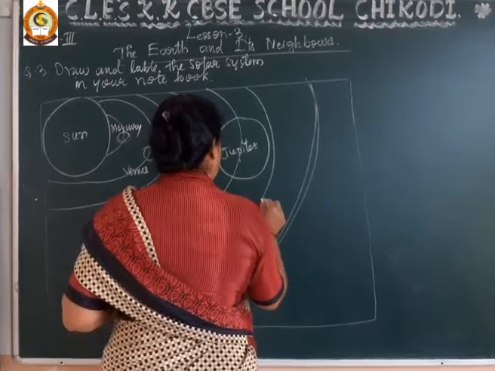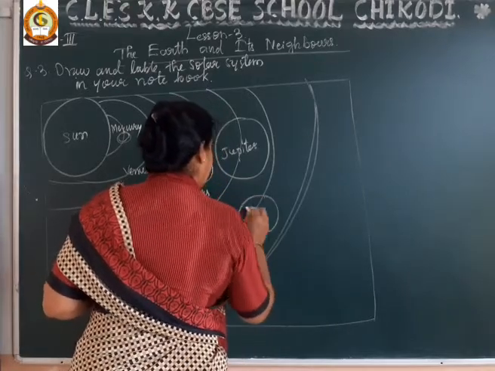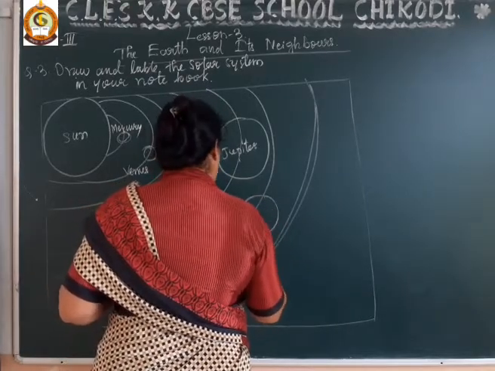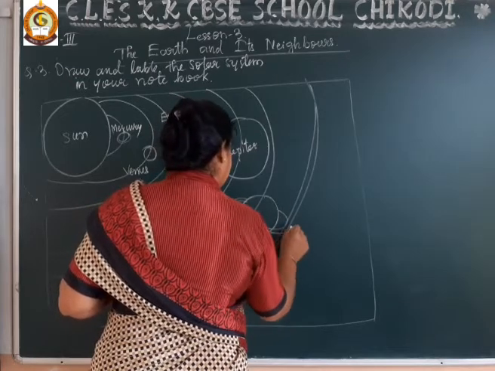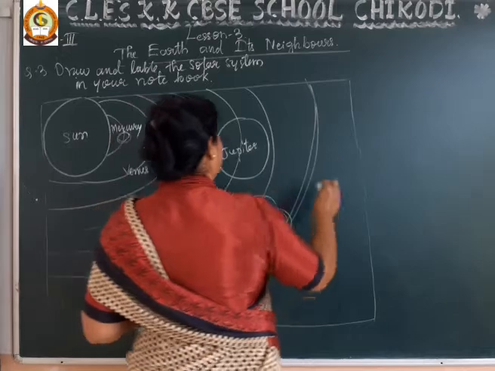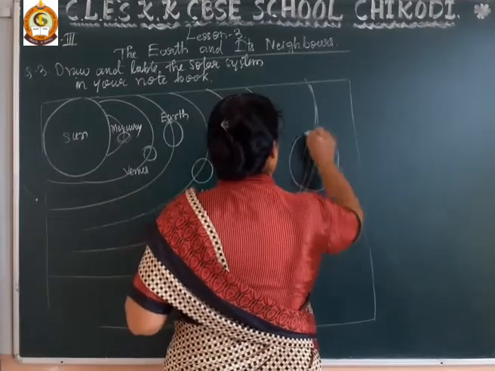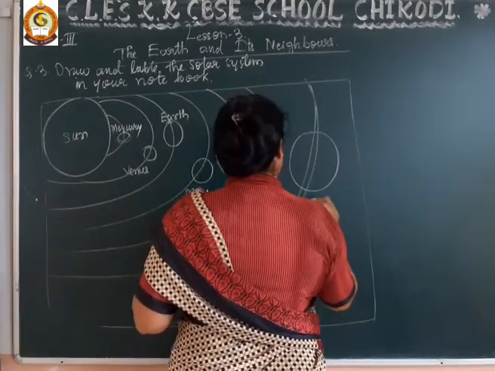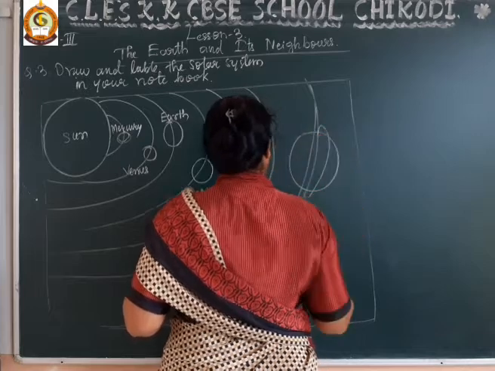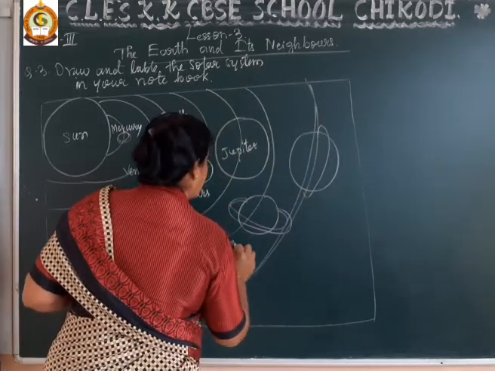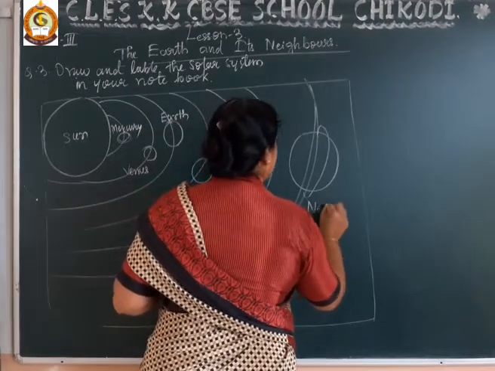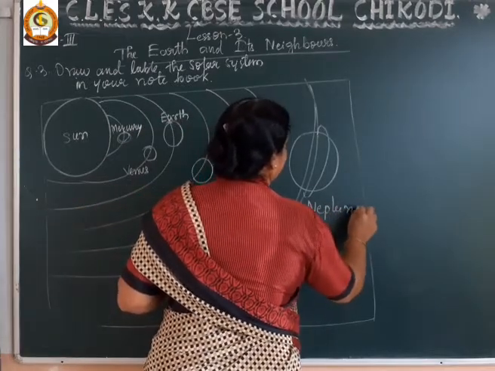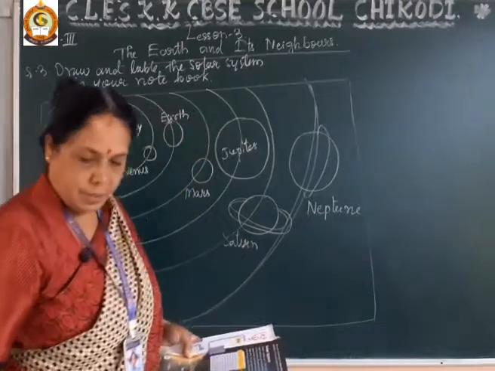After this, Saturn, and it is surrounded by bright rings. And the next one is Neptune. Okay, dear students.